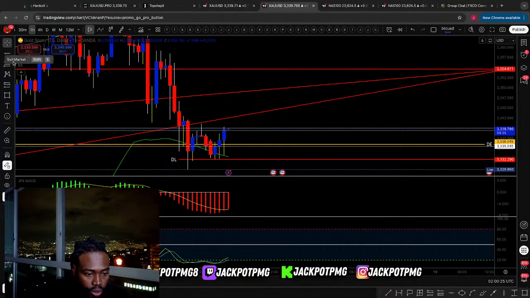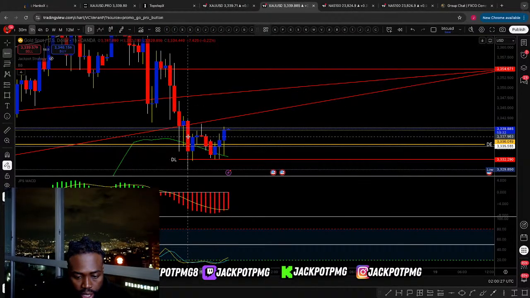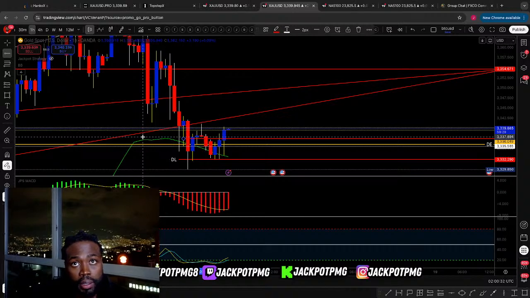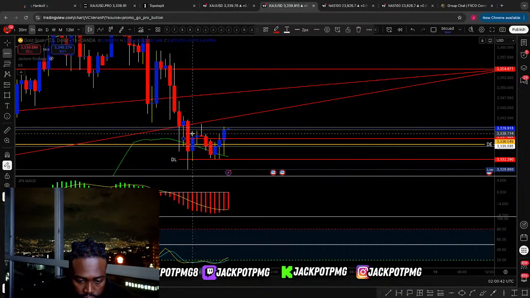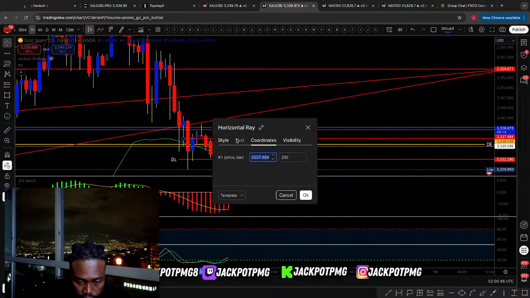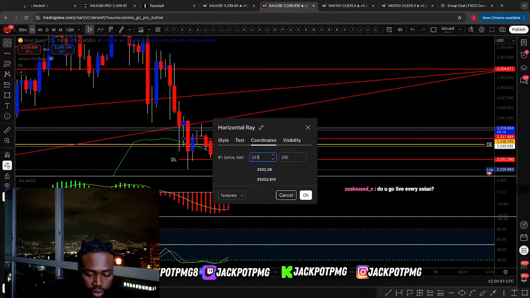All right, middle could be right here. Again, I don't know for sure yet, but that's what it's looking like. $33, $36, $26.